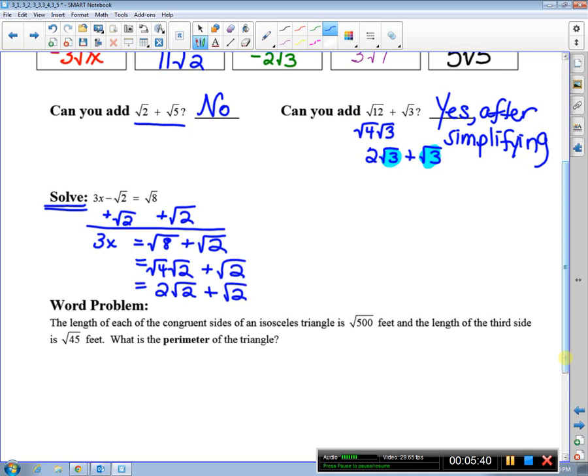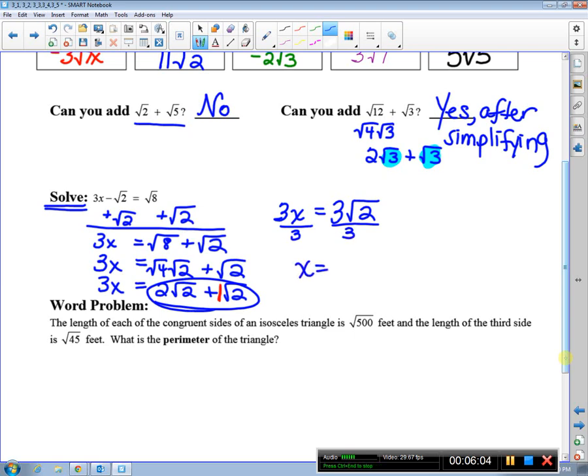So on this side, I have 3x equals 2 radical 2 plus radical 2. So that becomes 3x equals 3 radical 2. There's 3 of them here. And then dividing by 3, we get our answer for x is the square root of 2.